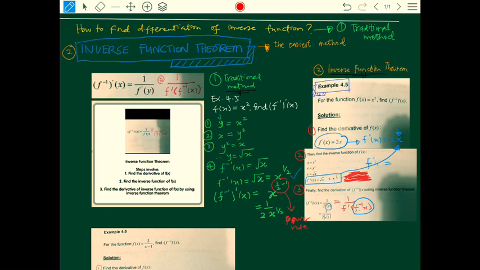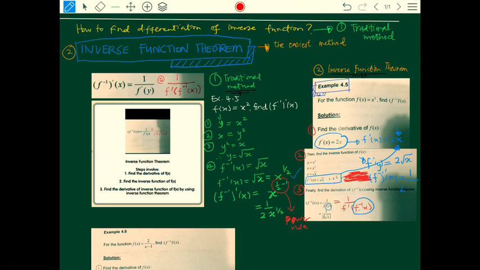So f prime of y becomes 2x, and here you substitute x with the square root. Finally, if you want to find the differentiation of f inverse, you just plug in 1 over the result that you get from here.